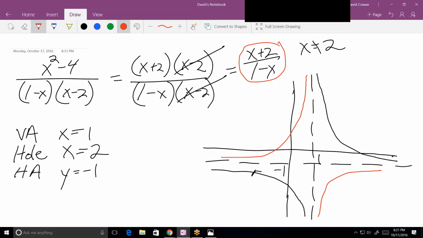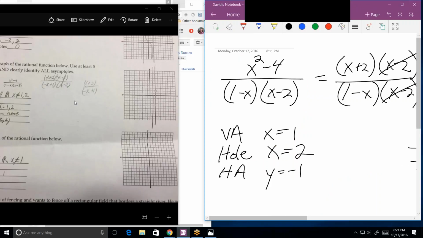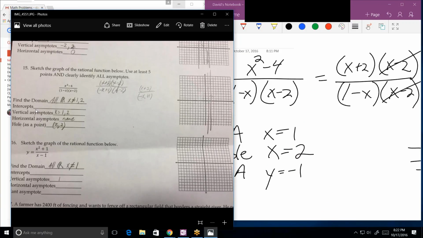Now, there's a couple other things it asks for. Let me move this over so I can see it. The intercepts. It wants the vertical asymptotes, although that's not right. Now I know it's not. Vertical asymptote at 1, but there's a hole at 2. Would the hole as a point written out be 0, 2?